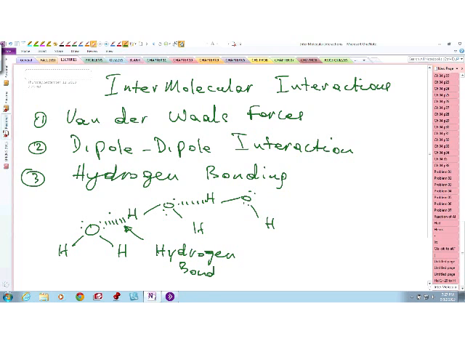Because of those strong hydrogen bonds in water, you need energy to break them. So hydrogen bond is very important. You get hydrogen bonding anytime you have a heteroatom in a molecule, like oxygen or nitrogen, with non-bonding pairs of electrons, and you also have hydrogen attached to the heteroatom.